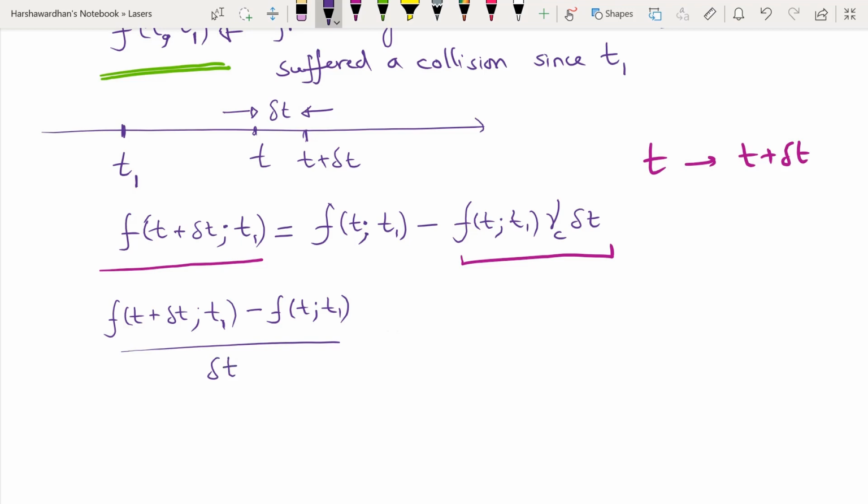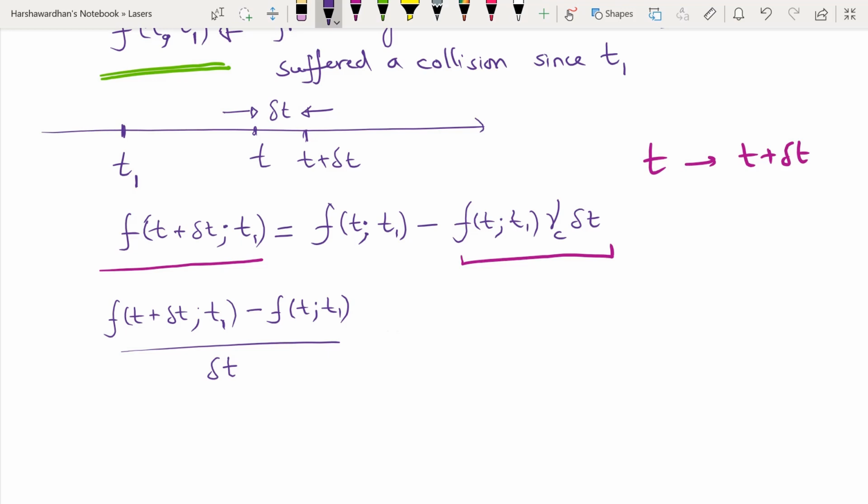Again, this is precisely the nature of this billiard ball-like collision. What one is basically emphasizing is that this is a memoryless process, in the sense that it doesn't really worry about the time t itself.